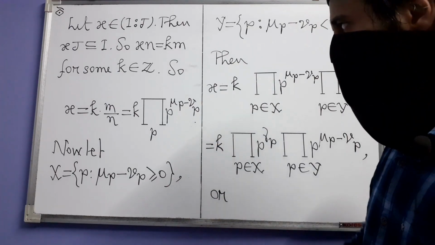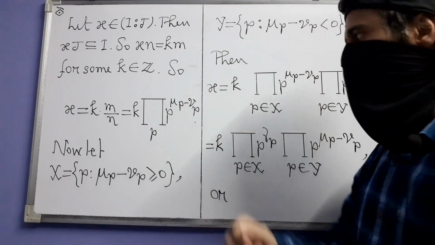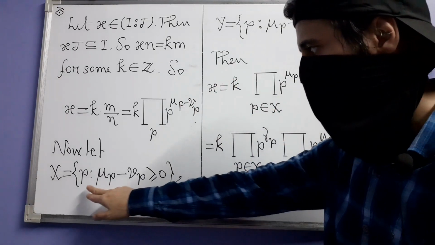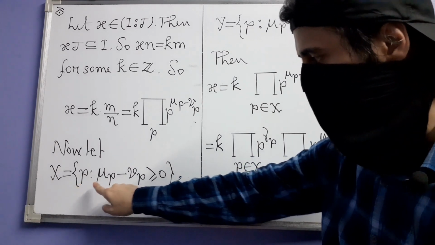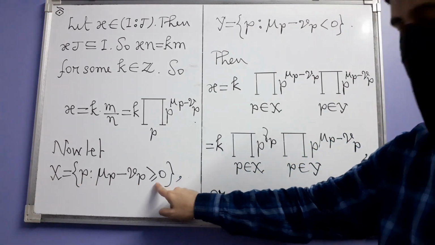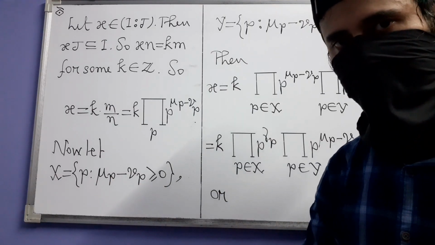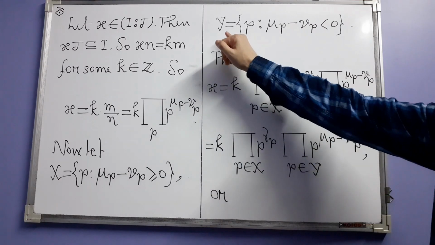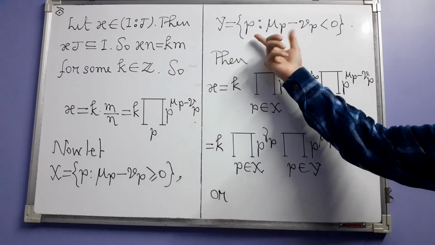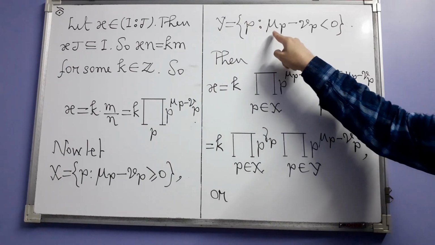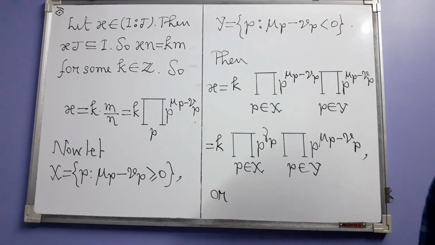Now next, we are going to split this product into two parts by defining two sets. Let X be the set of those primes for which mu p minus nu p is non-negative, that means for which mu p is greater than or equal to nu p. And Y is the complement of X in the set of all primes. That is, Y consists of those primes p such that mu p is less than nu p, that this difference is negative.